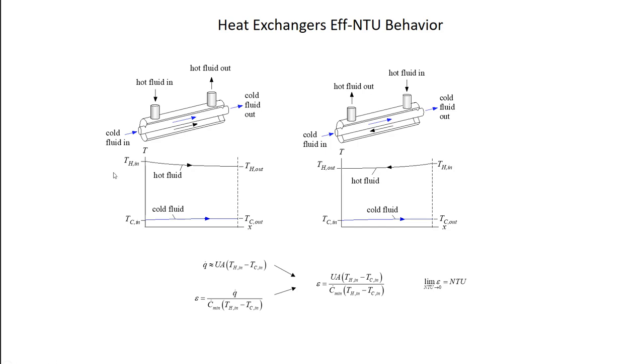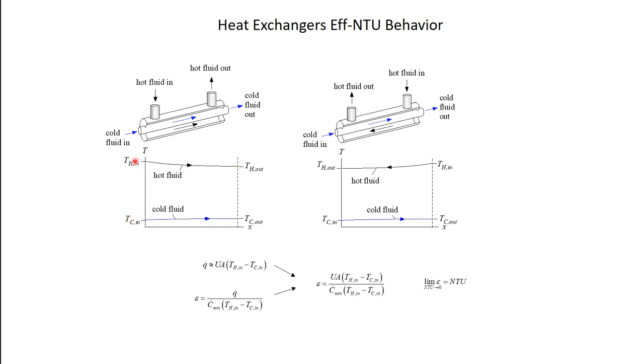So if I look inside of a parallel flow heat exchanger, what I'm going to see is that the hot fluid and the cold fluid come in on the same side. The cold fluid increases in temperature a little bit. The hot fluid decreases in temperature a little bit, but neither change temperature very much, right? And so throughout the entire heat exchanger, I basically have a constant hot fluid temperature interacting with a constant cold fluid temperature.